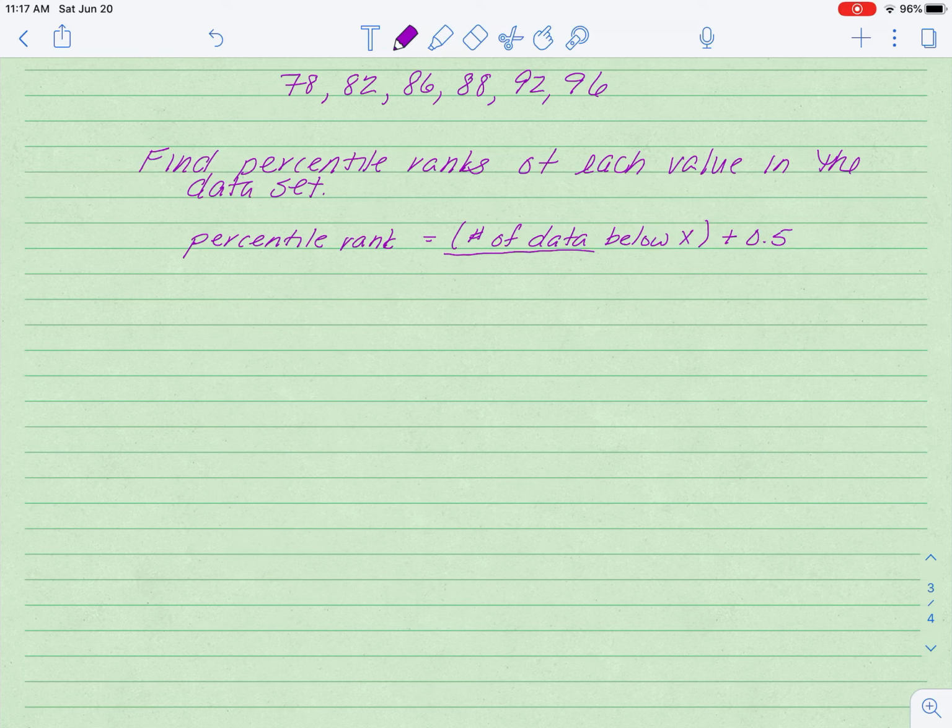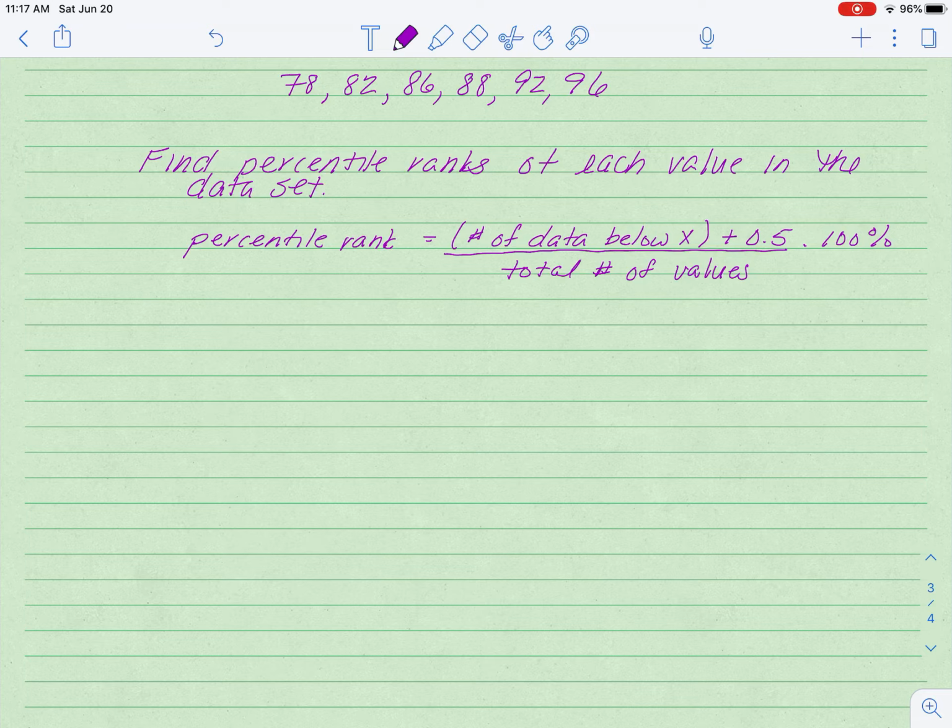Then this is divided by the total number of data points, and because we want this to be a percentile, we have to multiply it by 100%.